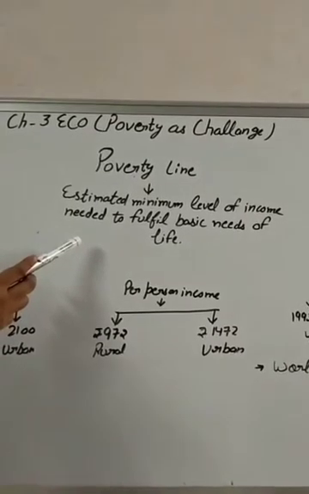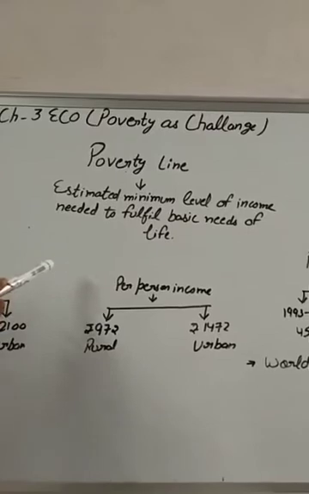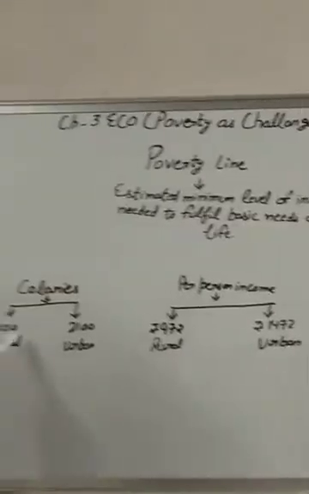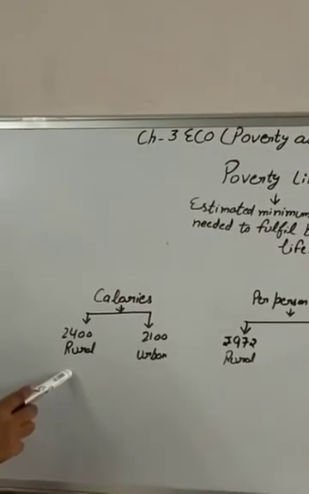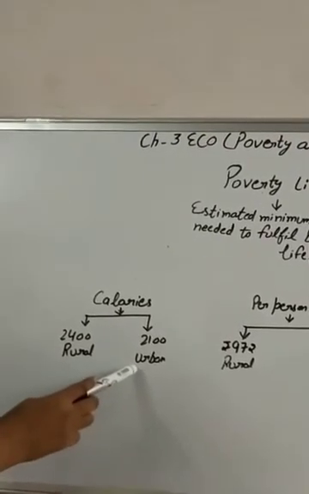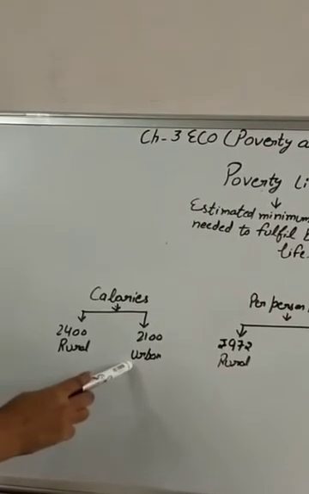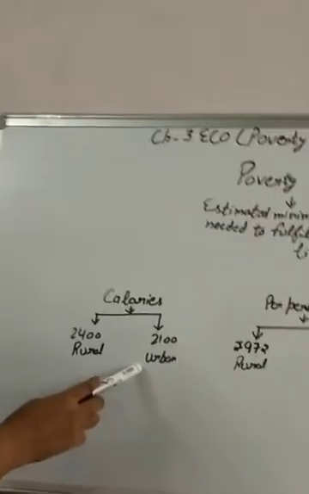This is done by taking the minimum calorie requirement into consideration. In India, 2400 calories per person per day in rural areas and 2100 calories per person per day in urban areas are accepted as the average calorie requirement.